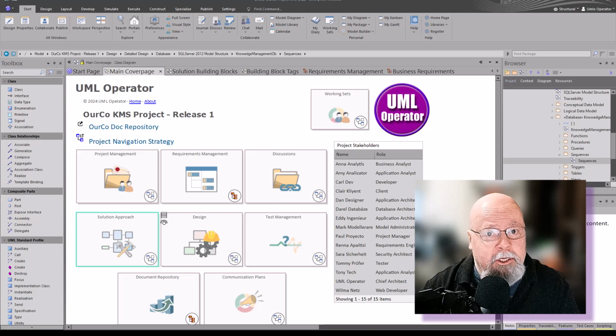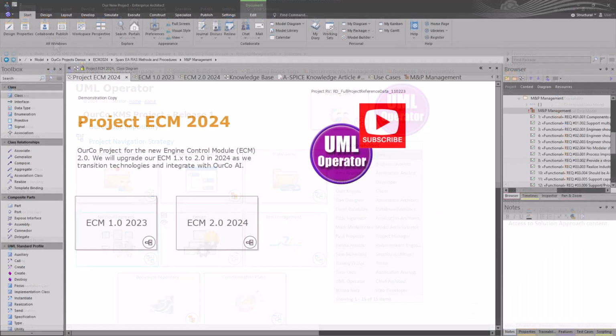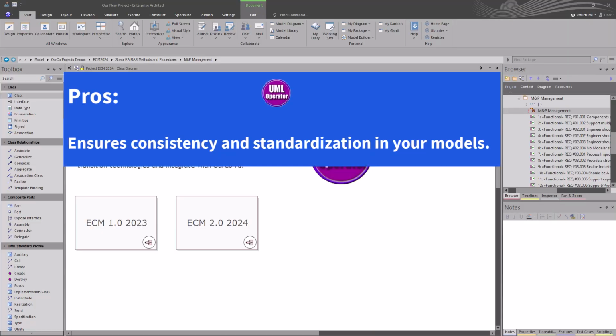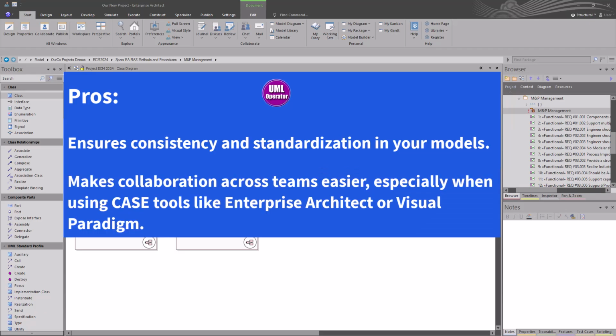So next, let's talk about the pros and cons of UML compliance. Here are a few pros for UML compliance. First off, it ensures consistency and standardization in your models. Next, it makes collaboration across teams easier, especially when using CASE tools like Sparx Enterprise Architect or Visual Paradigm.